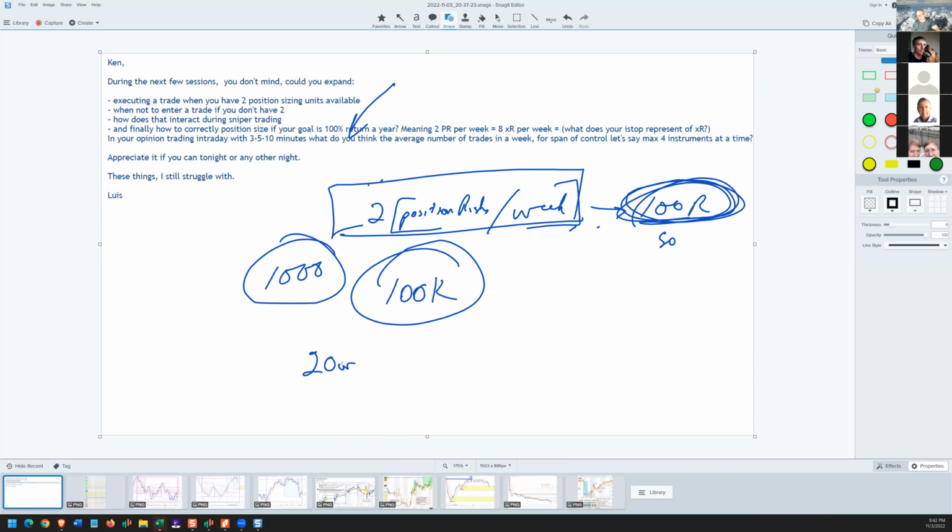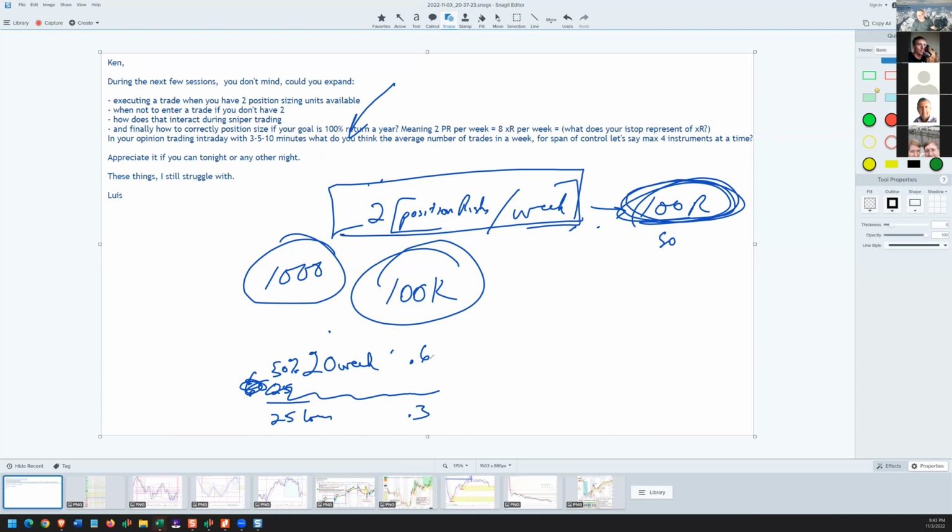So if I've got 20 trades a week and my win rate is 60%, I'm going to say 50%, and 25% are scratch, and 25% are losses, and my average win is 0.6, and my average loss is 0.3, and the scratch pays for itself.